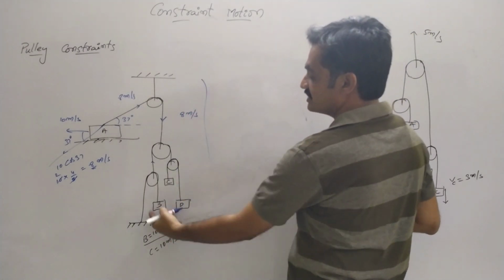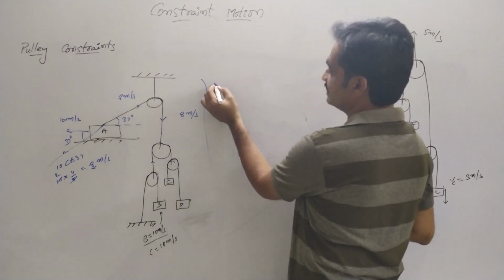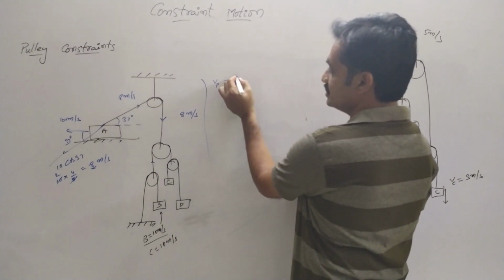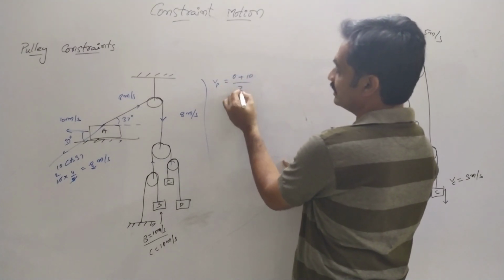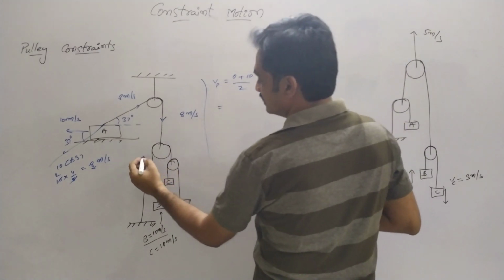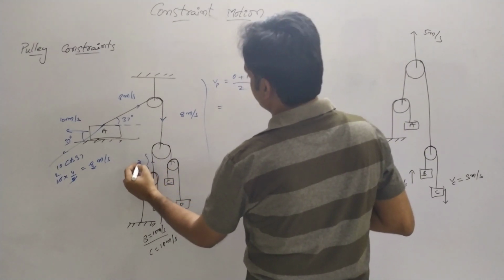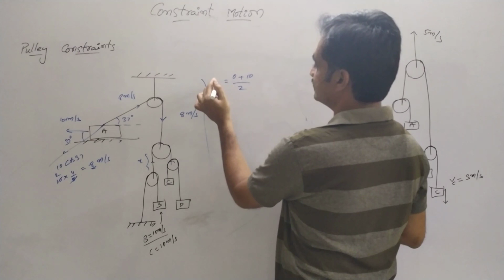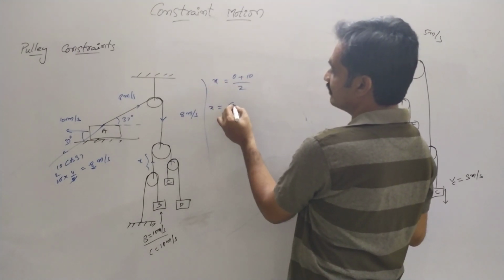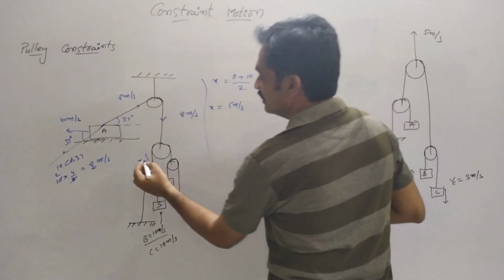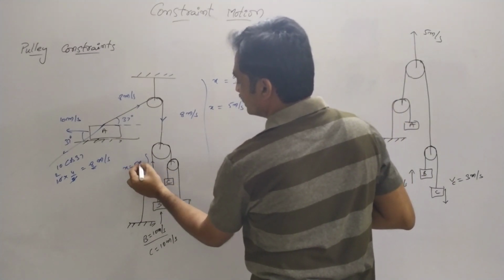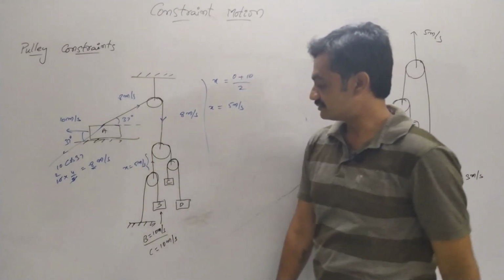The velocity of the pulley at this point is V_P equals, at this point the velocity is 0, 0 plus 10 by 2, which is equal to, let us consider it as x. Then we have x equals 0 plus 10 by 2. Then we have x equals 5 meter per second. So based on that, here we can represent that x equals 5 meter per second.